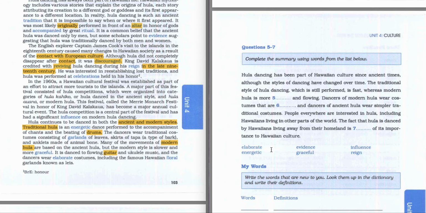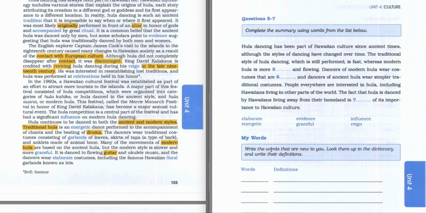So let's read the task. Questions 5 to 7. Complete a summary using words from the list below. Hula dancing has been part of Hawaiian culture since ancient times. Although the style of dancing has changed over time, the traditional style of hula dancing, which is still performed, is fast, whereas modern hula is more something and flowing.